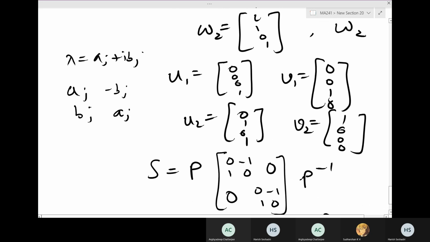To summarize, but before I summarize, what case is still remaining? Yeah, mixed. So some of them real, some of them complex, but not real.